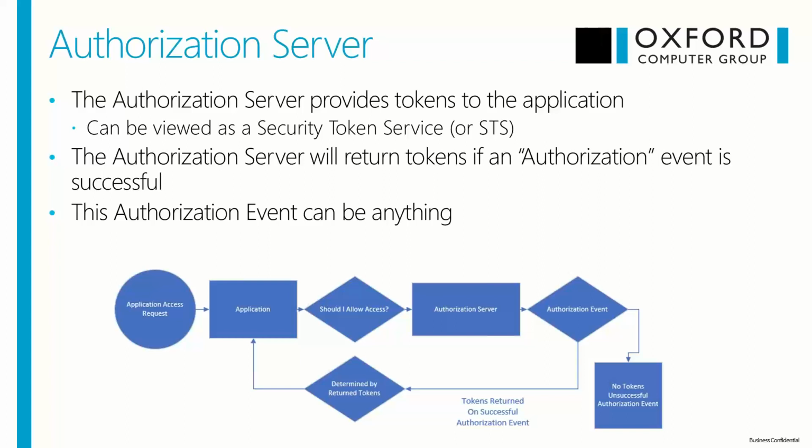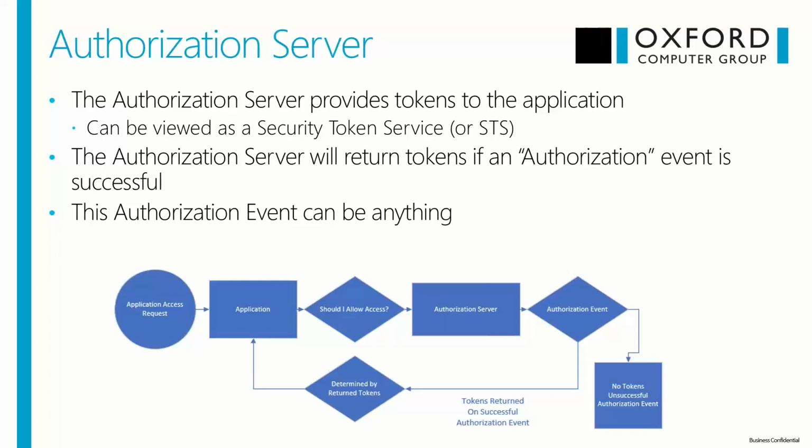And if tokens are returned, then the application can say, oh, this token, which is basically just a set of attributes and name value pairs, says this is this user, or this user is from this department, or this application has this token, I can give access to it.